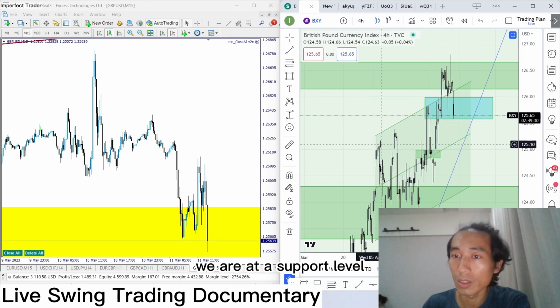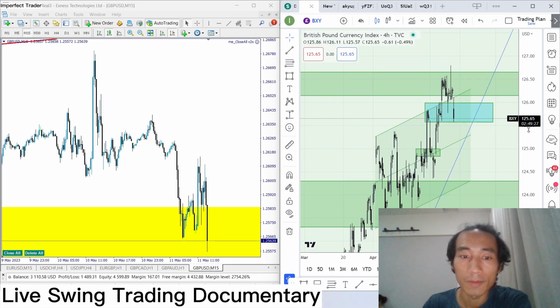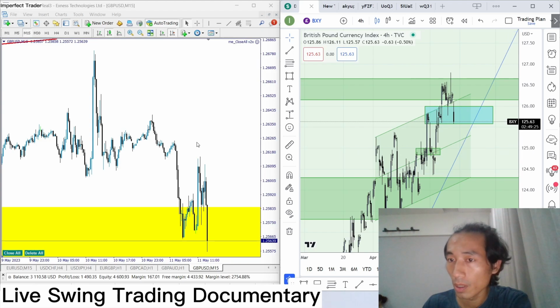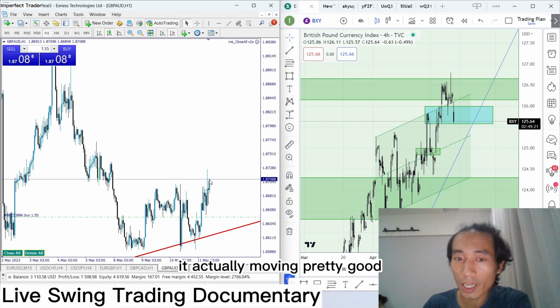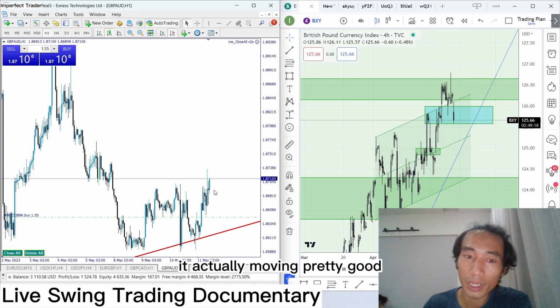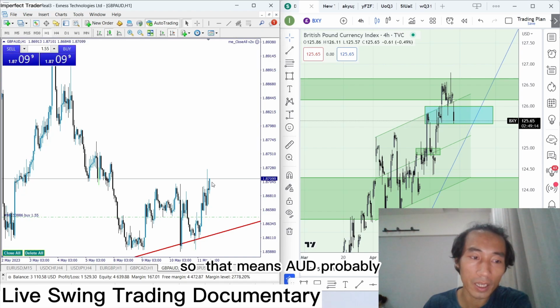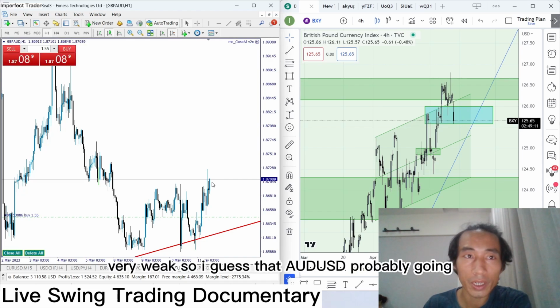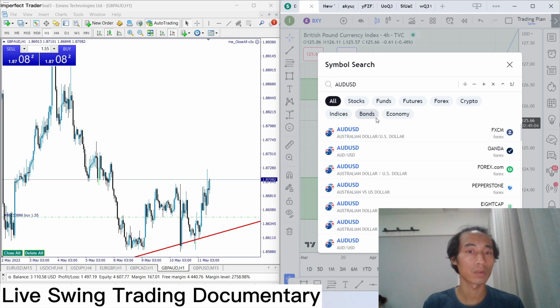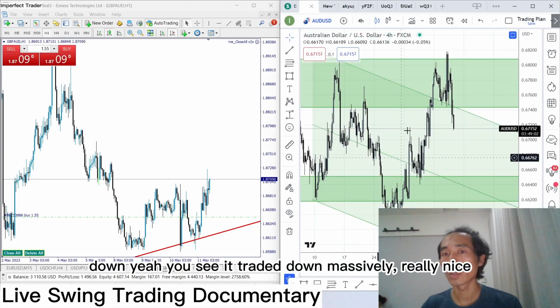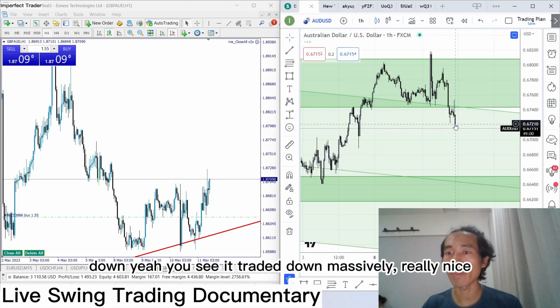We are at our support level, and if we see GBP AUD, it's actually moving pretty good. So that means AUD is probably very weak. So I guess that AUD USD is probably going down. Yeah, you can see it's trading down massively. Really nice.